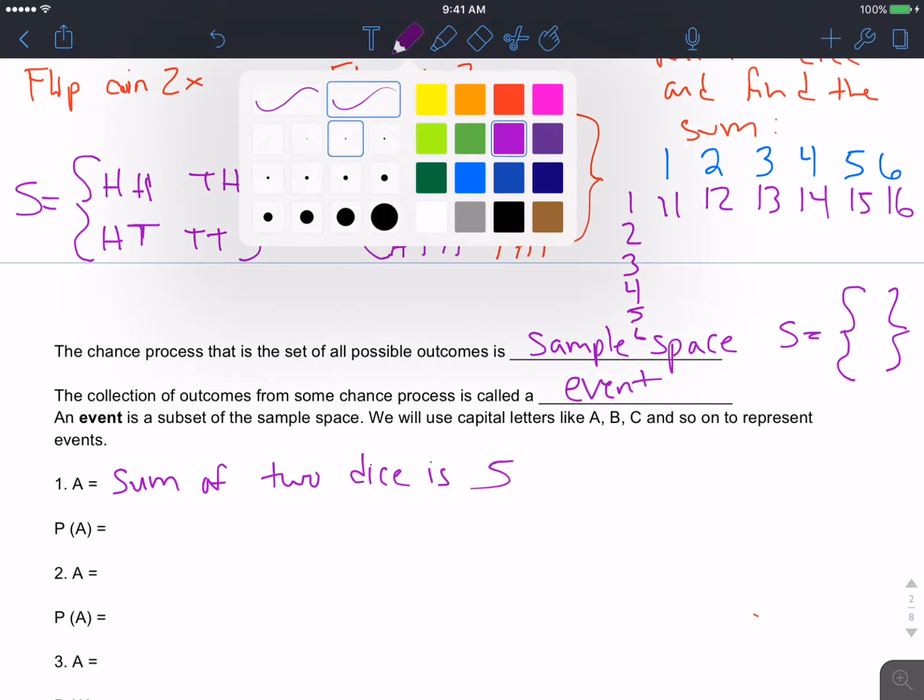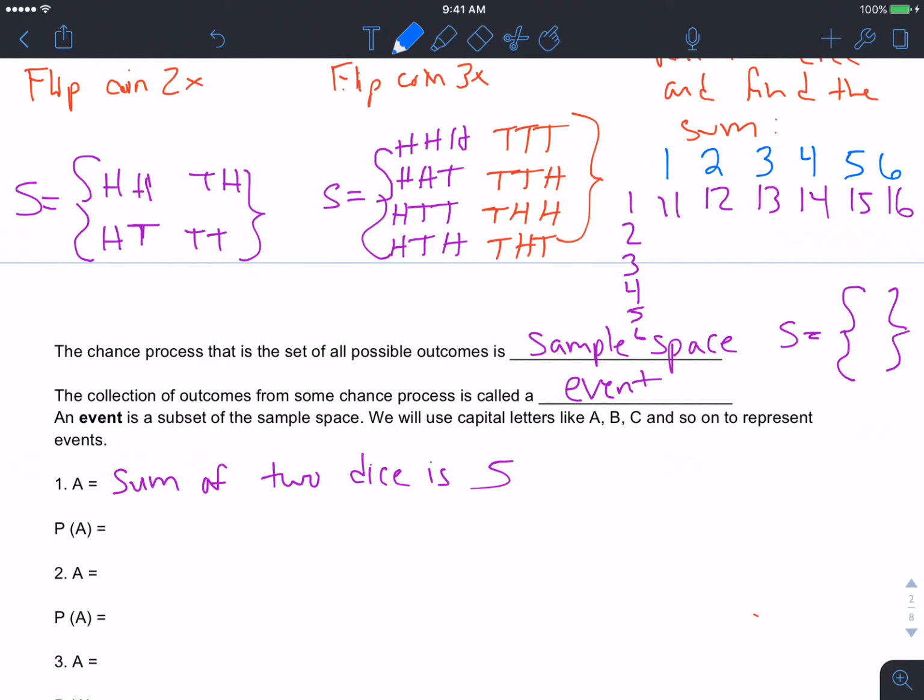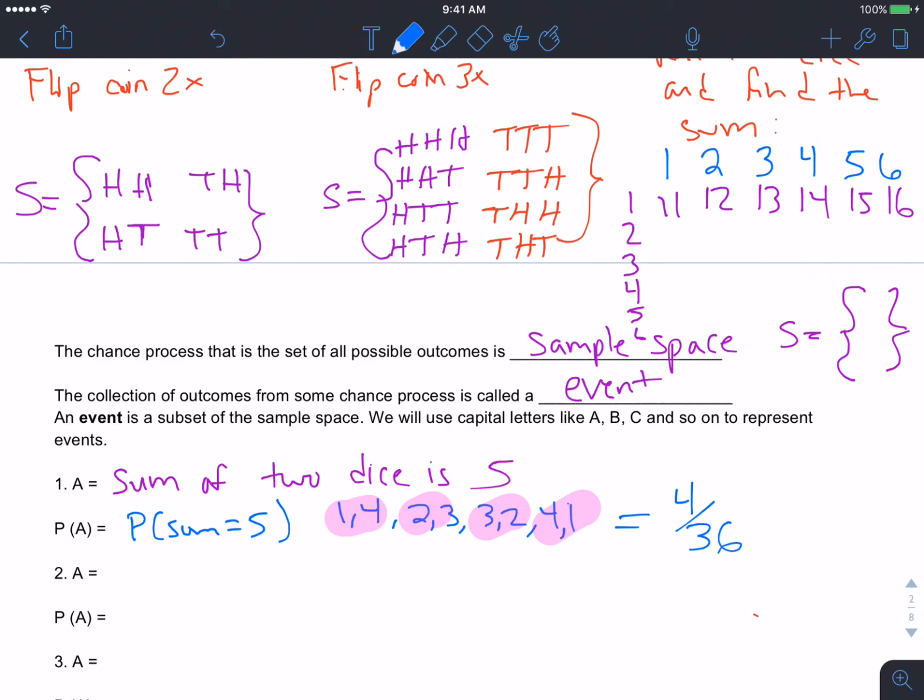Well, let's think about how we could roll a 5 on 2 dice. So the probability the sum equals 5: you could get a 1 and a 4, a 2 and a 3, a 3 and a 2, or a 4 and a 1. That's a total of 4 different possibilities. So the probability the sum is 5 is 4 over 36.